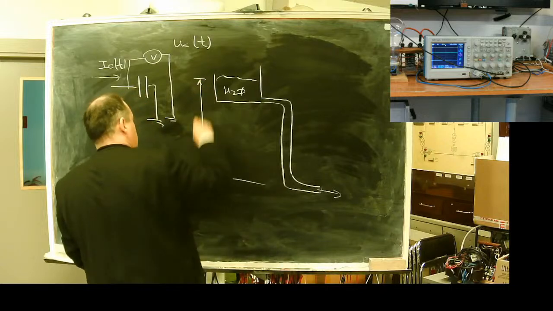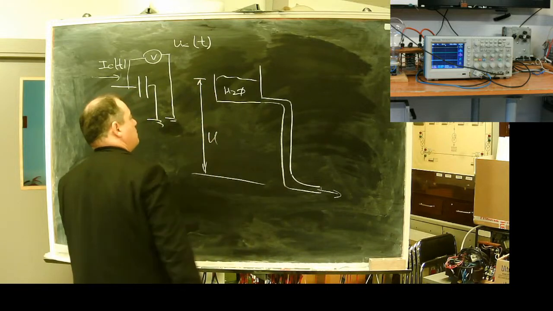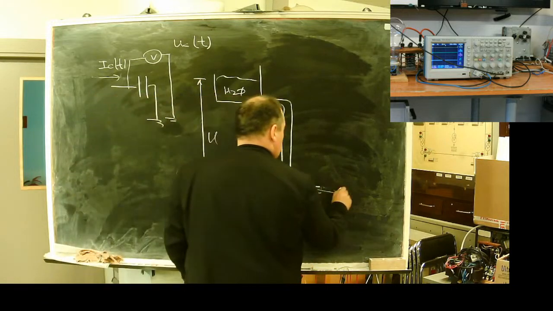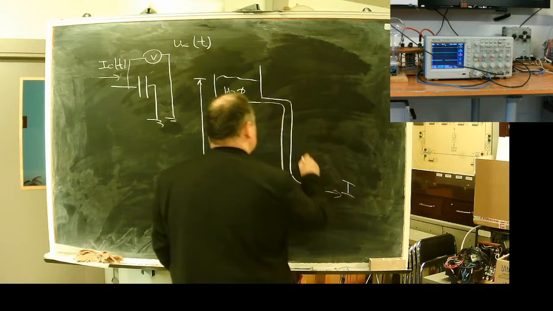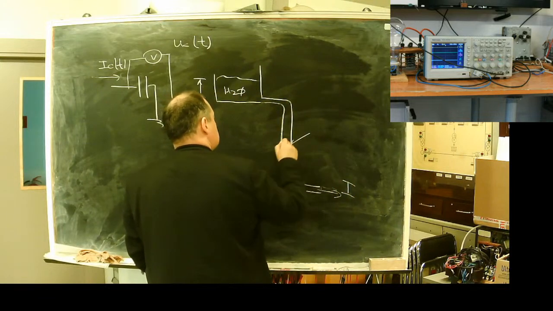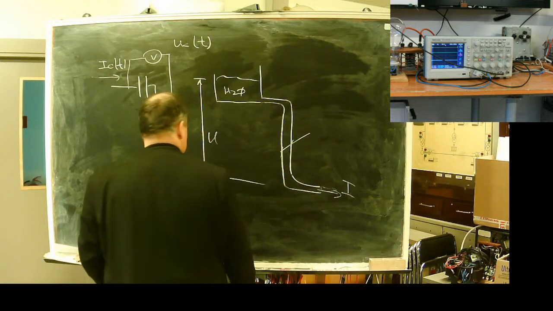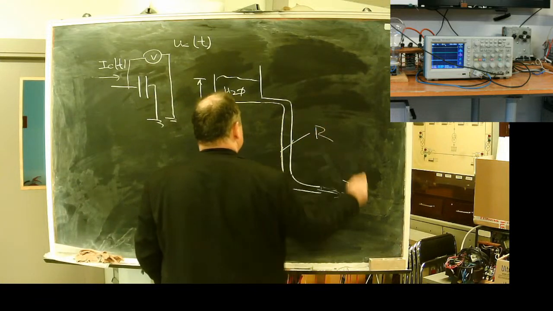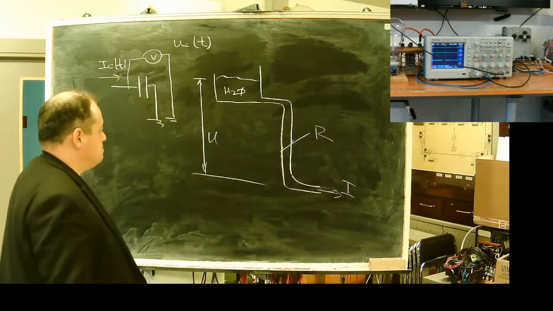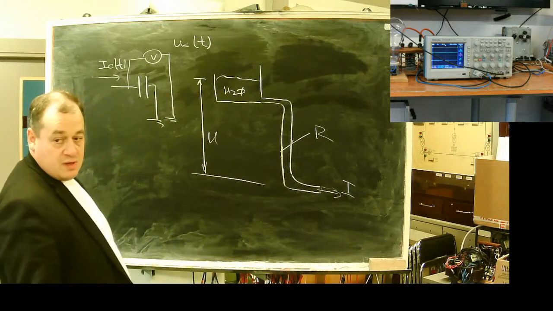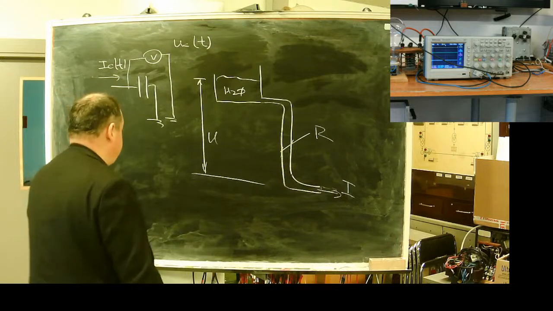The difference of level is a voltage, the amount of water is a current, and let's say the cross section of the pipe is resistance. A simple analogy to Ohm's law.